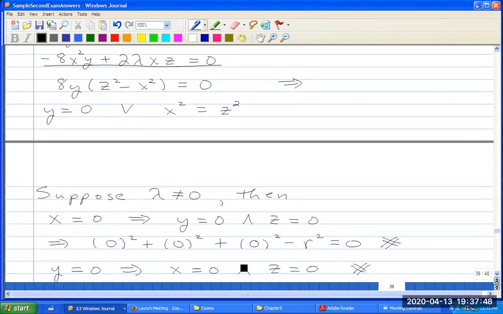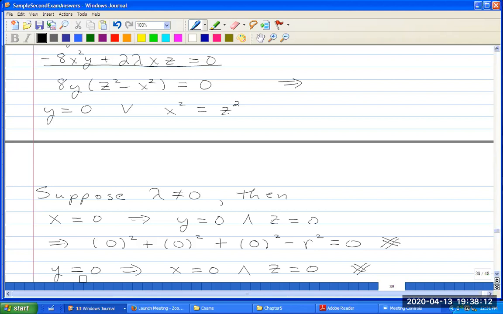First, you suppose lambda is not 0. Then, if x equals 0, then y is 0 and z is 0. But then 0 squared plus 0 squared plus 0 squared minus r squared has to be 0. I'm going to assume that r is not 0. So that's a contradiction.